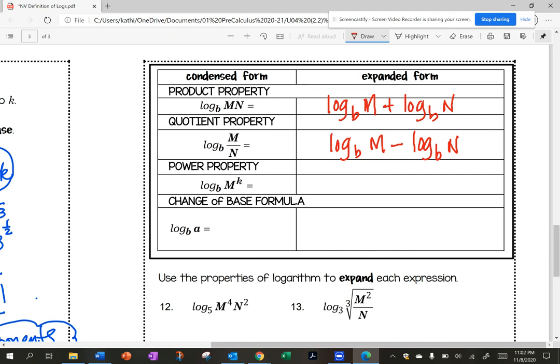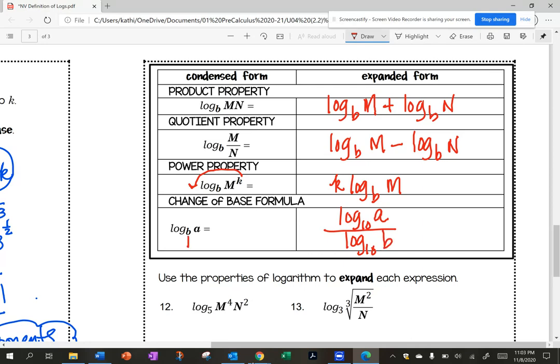So the power property means I bring the exponent to the front. So this becomes k times the log base b of m. And sometimes I have to change my base. So the change of base formula is the log base 10 of a divided by the log base 10 of b.